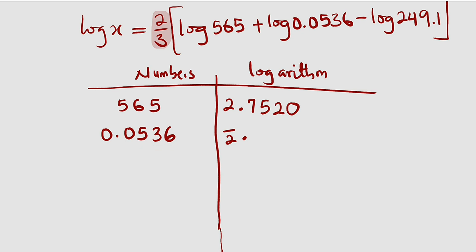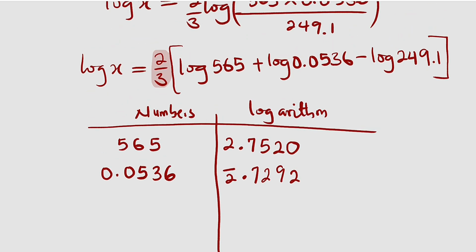So we have log of 536, which is equal to 2.72916479. Take the first 4 digits after the decimal point and round them up. We have 7, 2, 9, 1, 6. But since the next number is 6, you're going to round this one to 2. So we have 2 here.